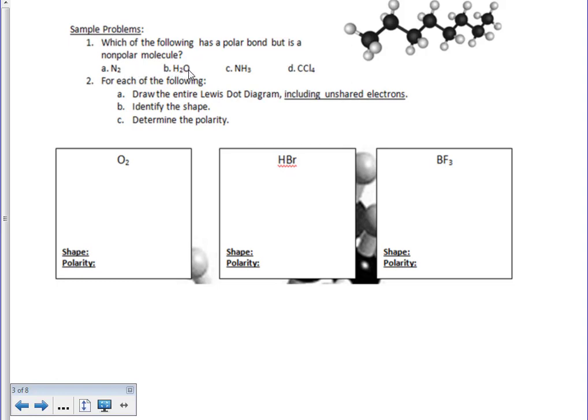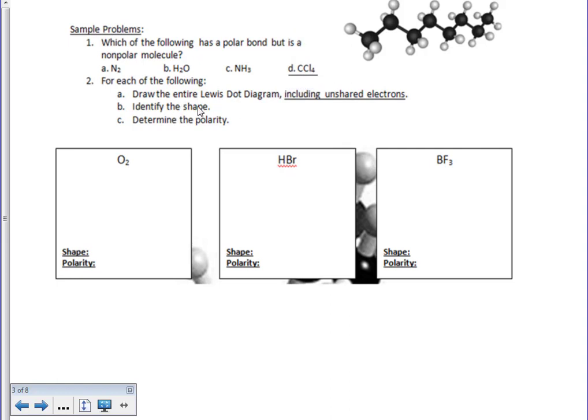H2O is actually a polar molecule due to the double lone pair on the oxygen. We have NH3, which is also going to be a polar molecule because of the lone pair on the nitrogen. And our last piece here is CCl4, which is nonpolar because all substituents are indeed the same.